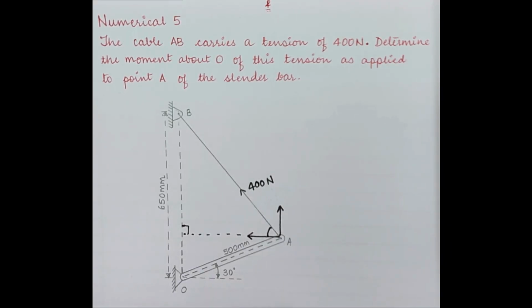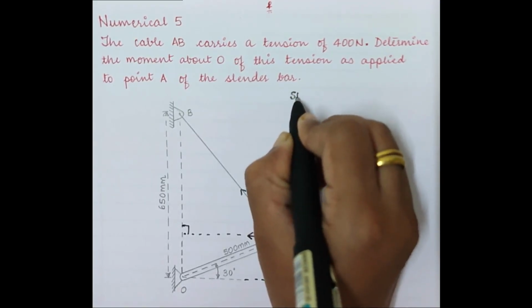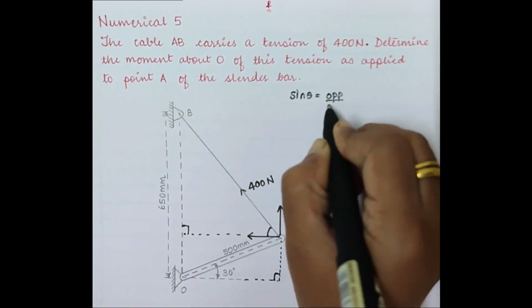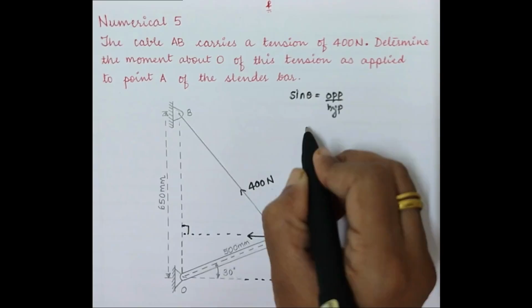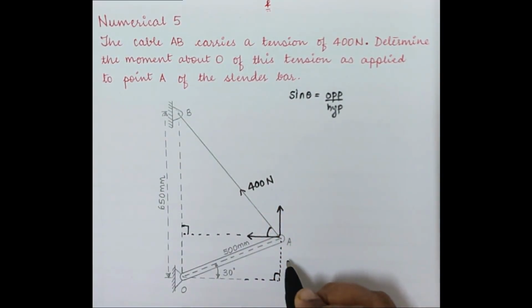So we can consider this right angle triangle in which we've got an angle and the hypotenuse. So we can use sine theta, that is opposite upon hypotenuse, to calculate the opposite distance, that is this distance.